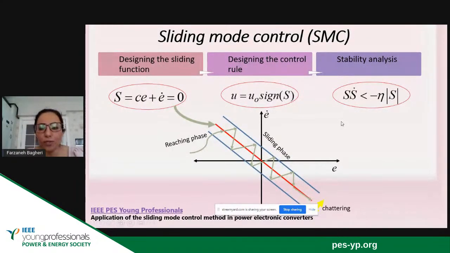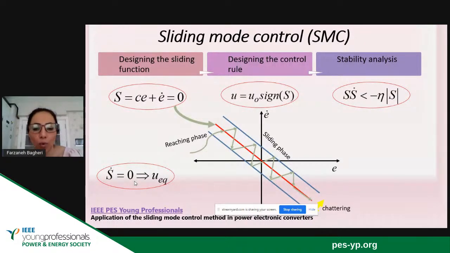But there is another important thing that you will see in the literature about sliding mode control, and it is the equivalent control. There is another control input that we call the equivalent control input. The equivalent control input can be found by making the derivative of S equal to 0. When the system is on the sliding mode, it means that we are in the sliding phase, which means that S dot is equal to 0.